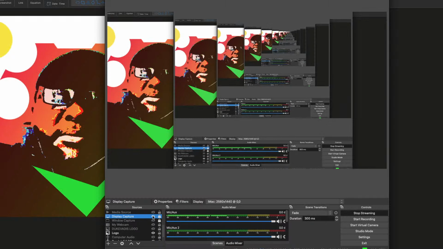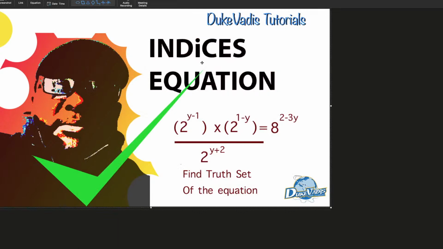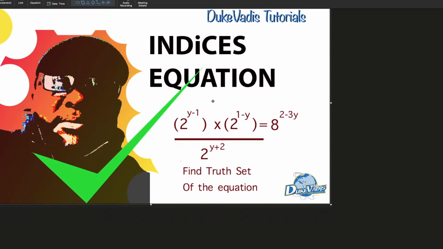It's been some time, so we are going to look at this equation. Let's enter it here. It says we should find the truth set of this equation: 2 raised to the power y minus 1 multiplying 2 raised to the power 1 minus y. But I don't think that is how the question is, 1 minus y and y minus 1, so you see, it's two different things.